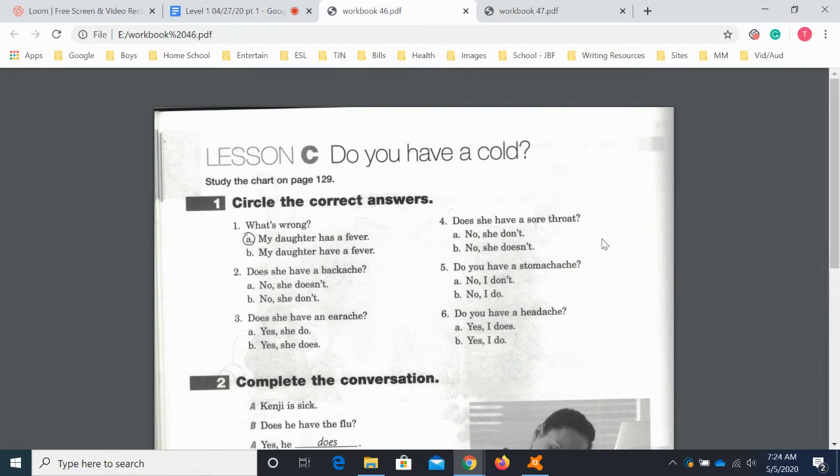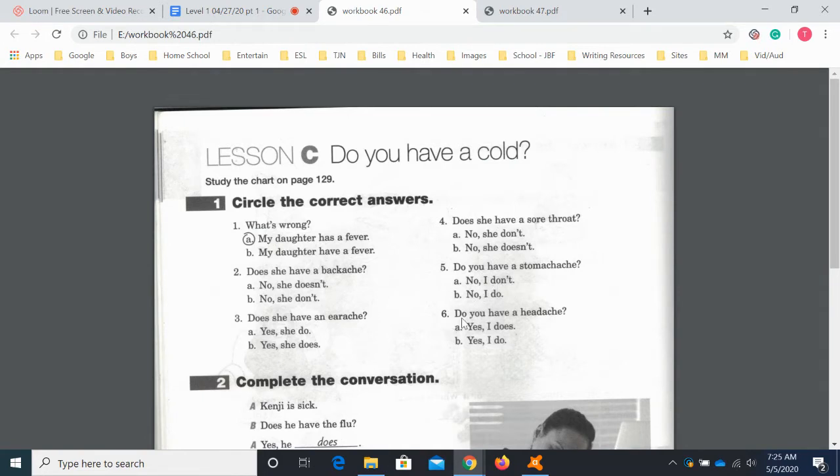The correct answer is no, she doesn't. Number 5, do you have a stomach ache? No, I don't, or no, I do not. No, I don't. A is the correct answer.